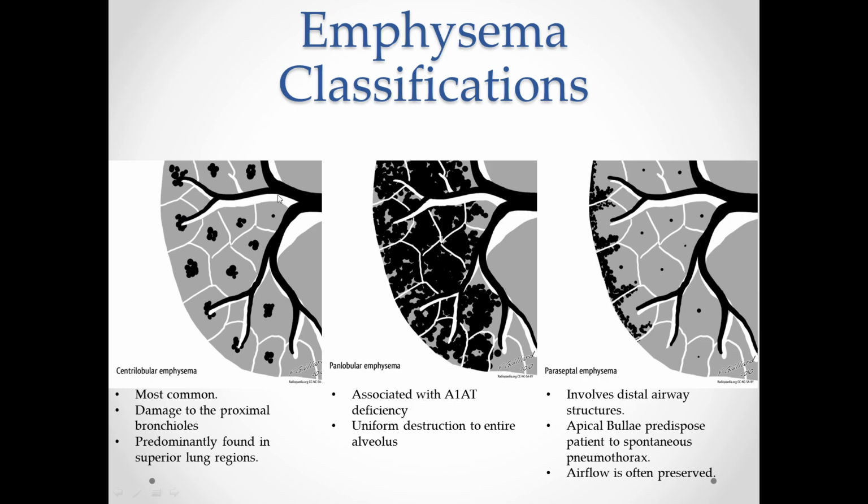The reason why this is typically more environmental is because as somebody inhales, the overall concentration of that environmental exposure decreases as you propagate through the terminal structures of the lung.